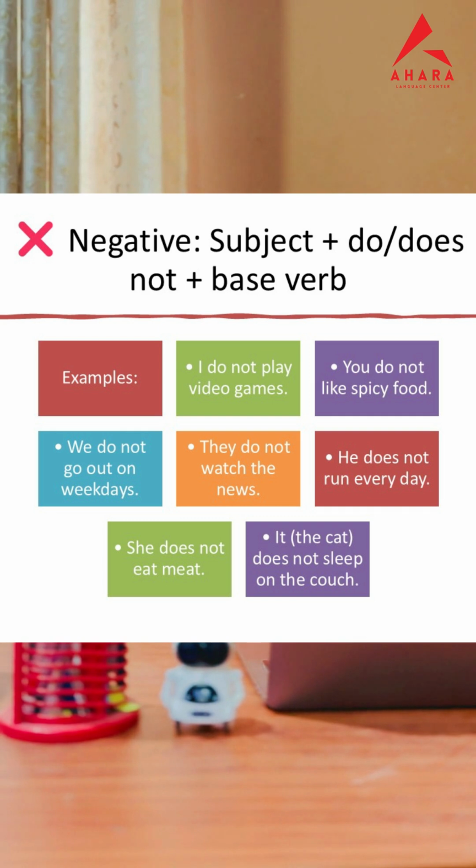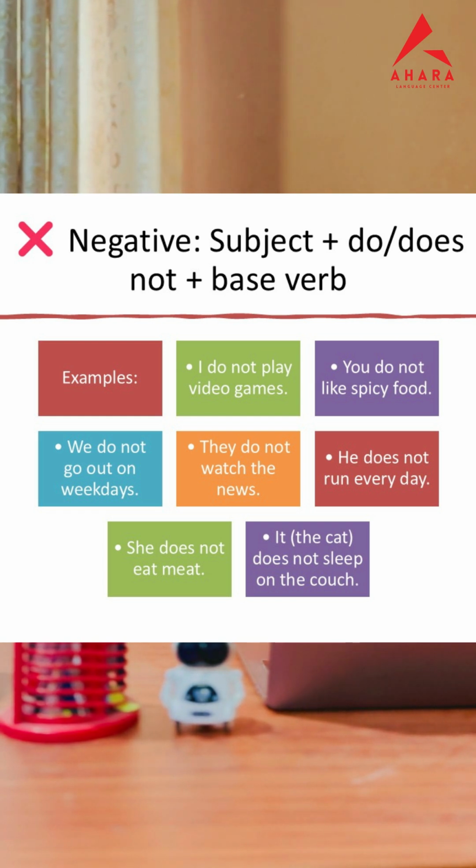And when it is combined, we will say don't. And does not, which we have already studied, will be used with he, she, it, which are the singular pronouns. I do not play. We can say I don't play as well. You do not like.